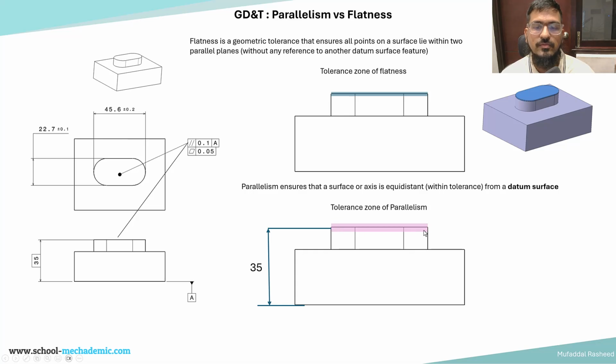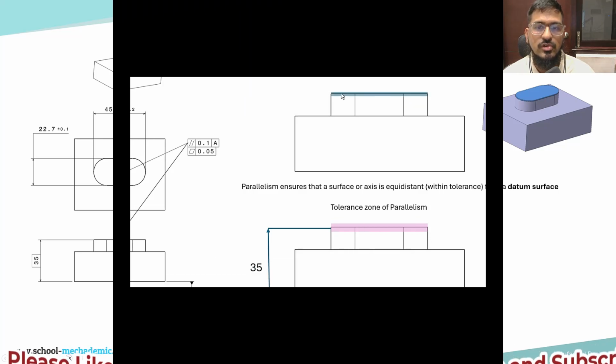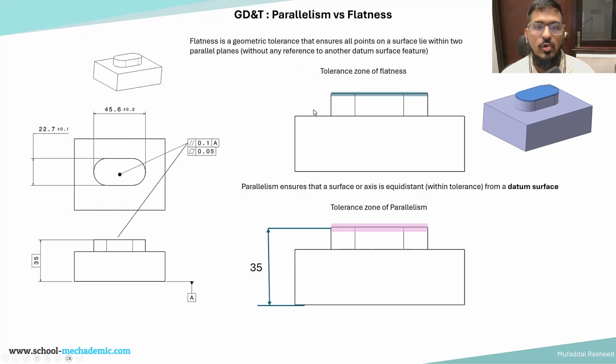So the center plane of this tolerance zone is located at 35 basic, and then we find out whether the points on the surface are lying within this tolerance zone or not. So here this tolerance zone is not located with respect to any datum feature, whereas this tolerance zone is located with respect to a datum feature. That's the major difference in terms of tolerance zone definition.